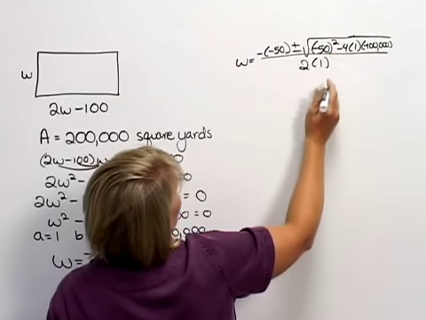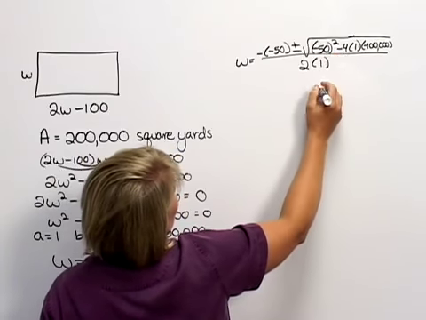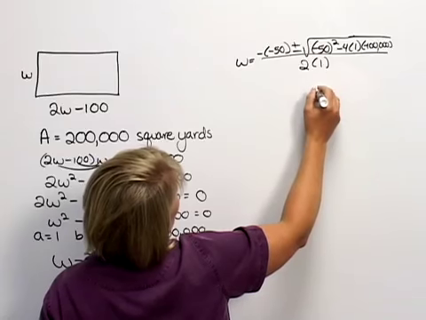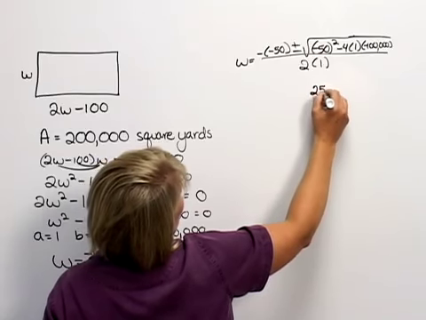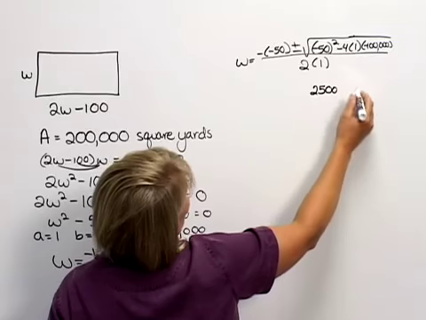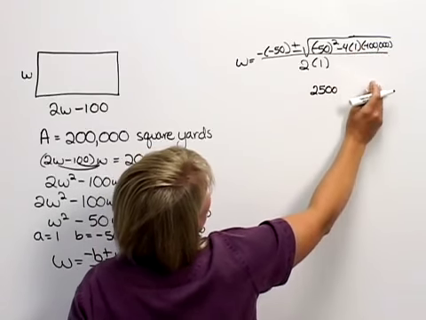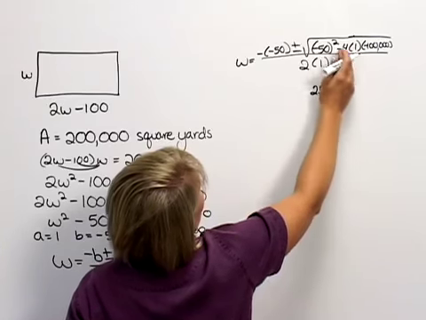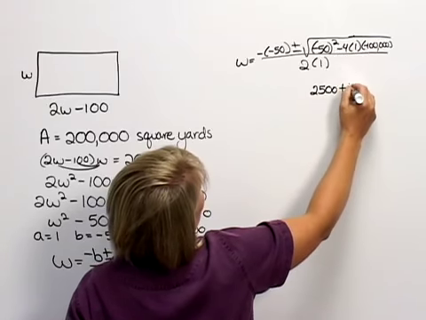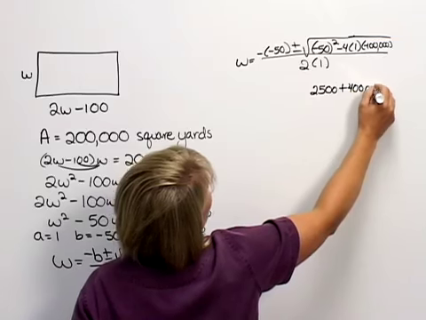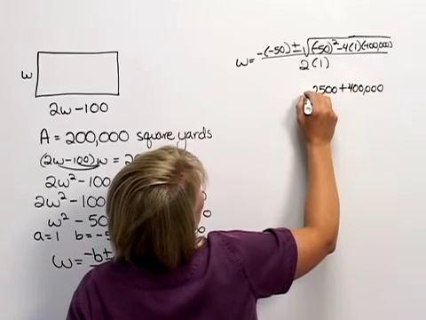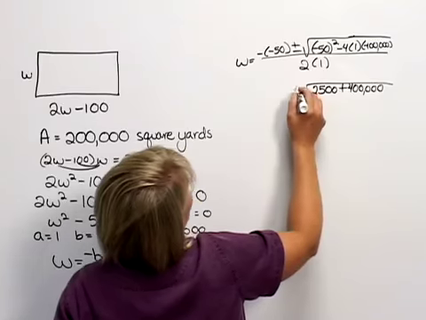If we start simplifying here, negative 50 squared is going to be 2,500. And 4 times 1 times 100,000 is 400,000. Our double negative will make a positive 400,000. That's all underneath our square root.